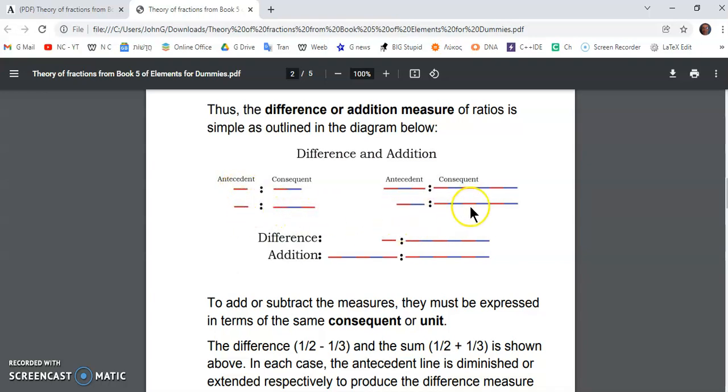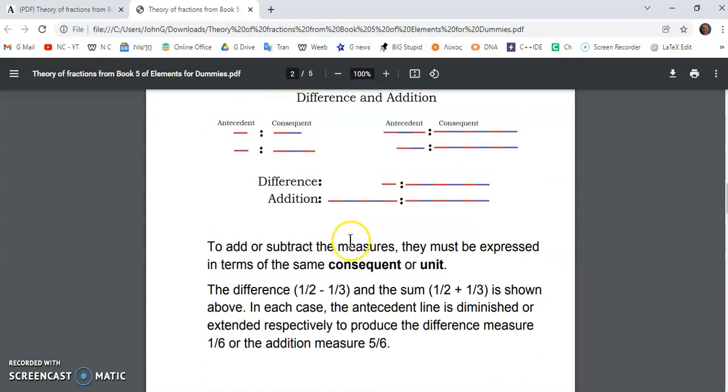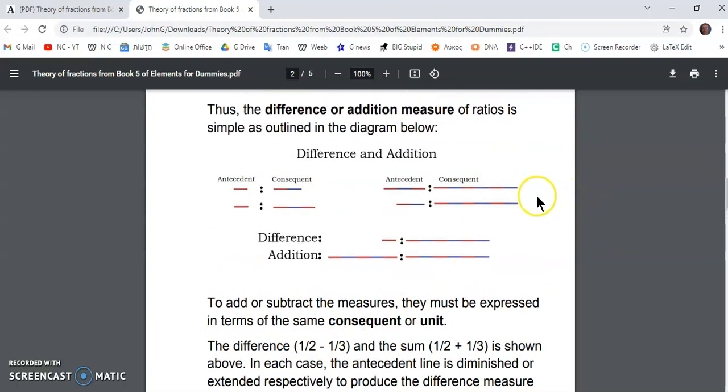And now we'll have that both these two ratios are described as the ones that you see on the right here. And now the way they're written on the right, it's very easy because both these are line segments. So their difference is simply this line segment less this one, and their addition, simply the joining of the two line segments. So to add and subtract measures, they must be expressed in terms of the same consequent or unit.